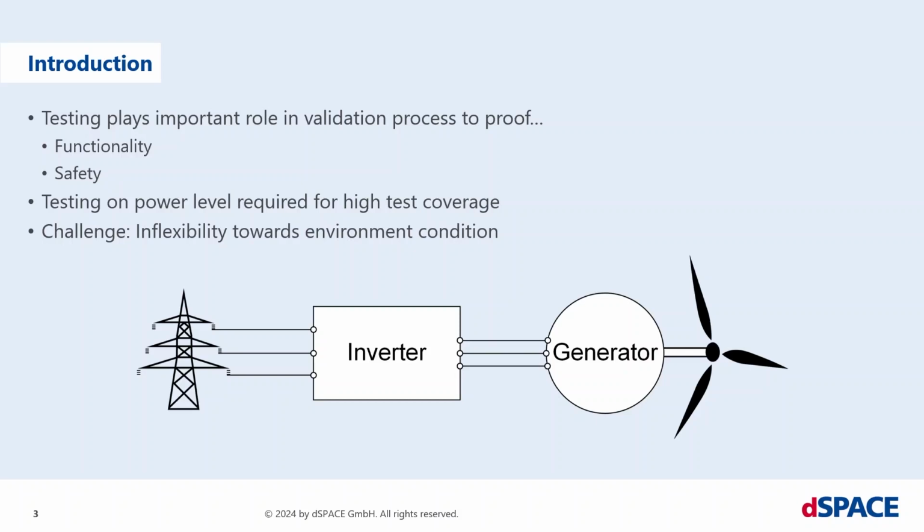If you have safety critical components, you have to make sure that your components work in the context of these safety critical use cases. So some of these tests are only on signal level, or maybe some of them are only valid in a simulation environment, but sometimes it's also necessary to test your components on a voltage, on a power level, so also on high voltage level, to get a higher test coverage.